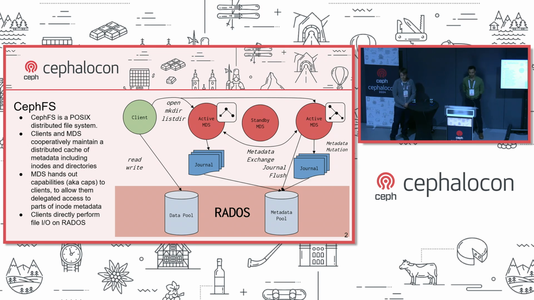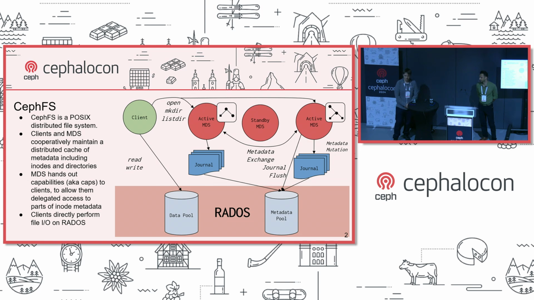So clients send metadata requests to the MDS. As in the diagram, they're sending things like open, mkdir, and list to the active MDS. The MDSs, of which there may be more than one, cooperatively maintain the entire directory tree of the file system, at least what is in use by clients.